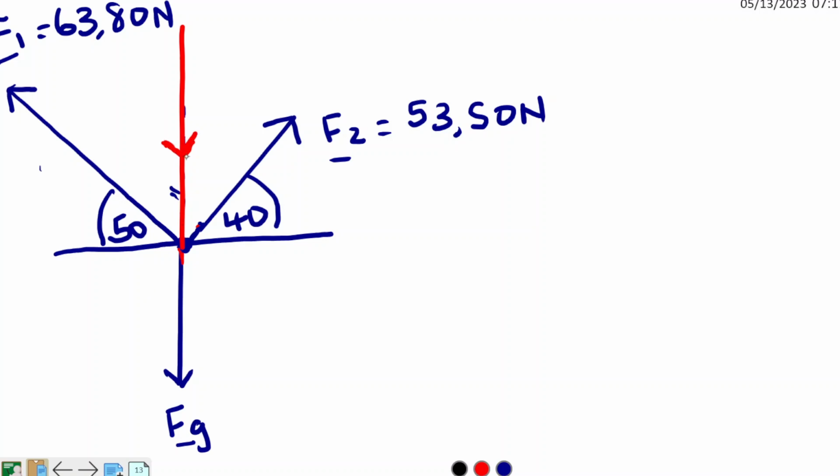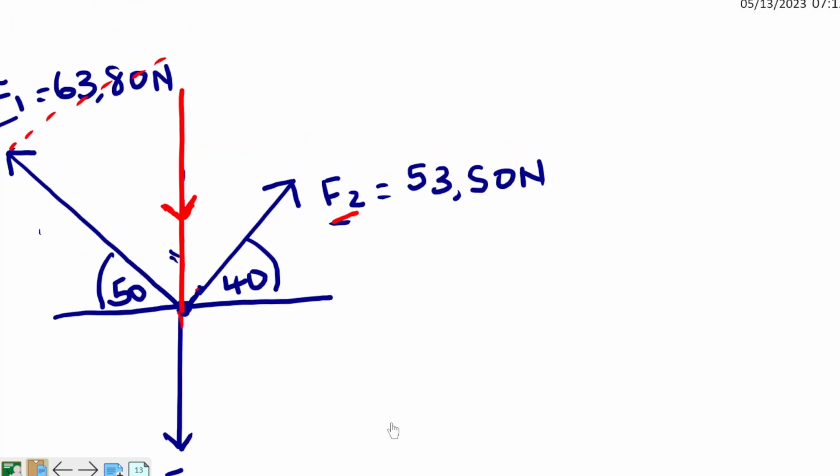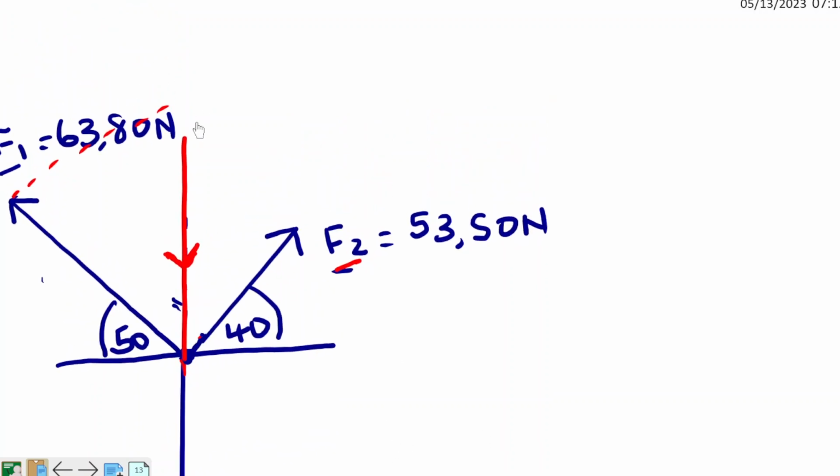And then the second thing that I do, now look at F2. F2 is at the angle of 40 degrees. So what I'm going to do now, I'm going to form a parallelogram. This is F2. Let me create a space. So that is F2. Then F1 is moving towards this direction, 50 degrees.